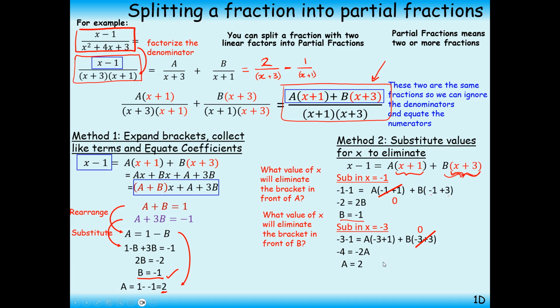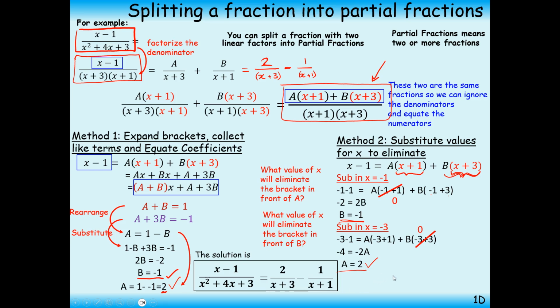Dividing by -2 will give us a is 2. This matches exactly the answer that we found earlier. So a is +2 and b is -1. As I said, just like I've written by hand on the top of the page, we do need to substitute the values of a and b into the assumption that we made. We assumed that we could split it up into two partial fractions, and we did.